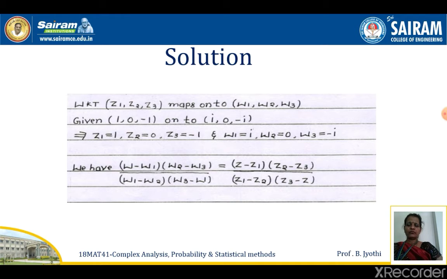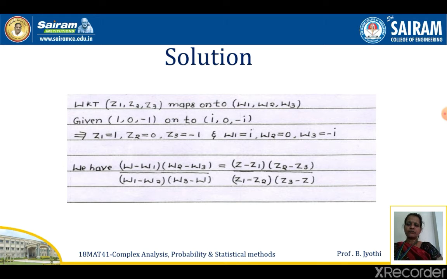Given 1, 0, minus 1 onto I, 0, minus I, we respectively name them as Z1 as 1, Z2 as 0, Z3 as minus 1 and W1 as I, W2 as 0, W3 as minus I.